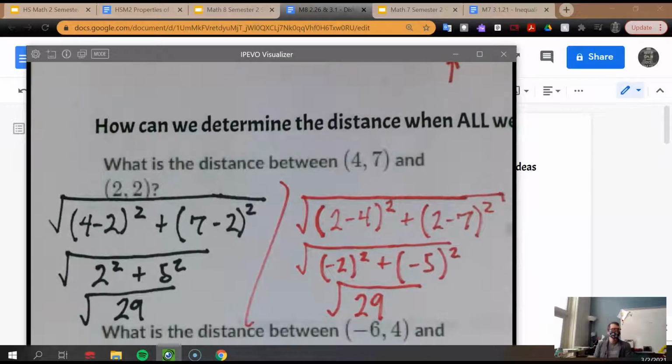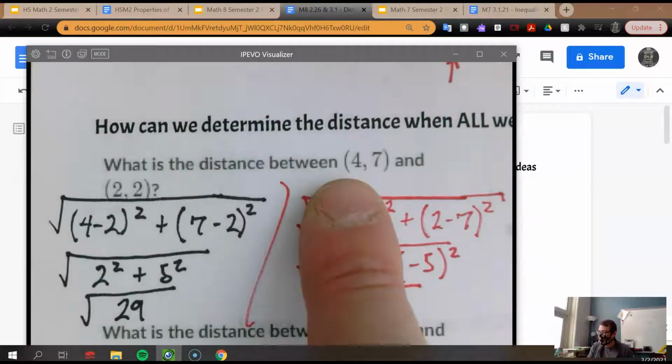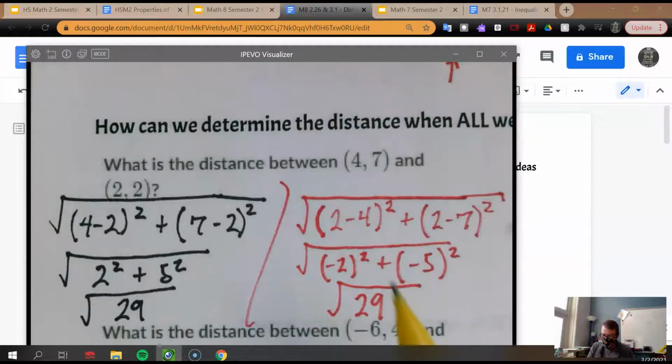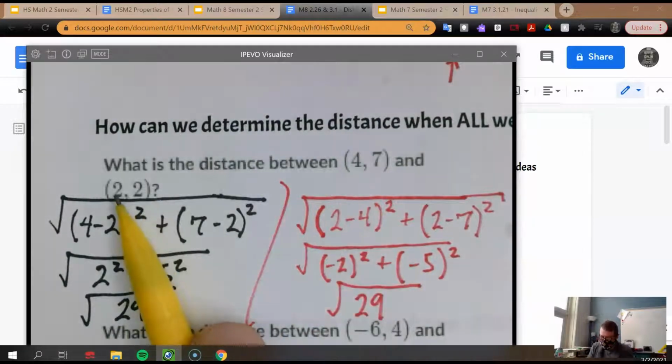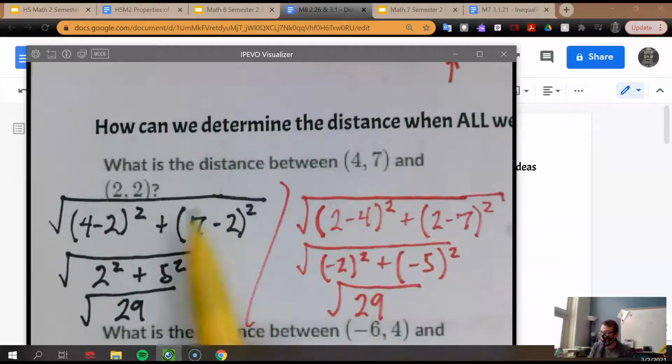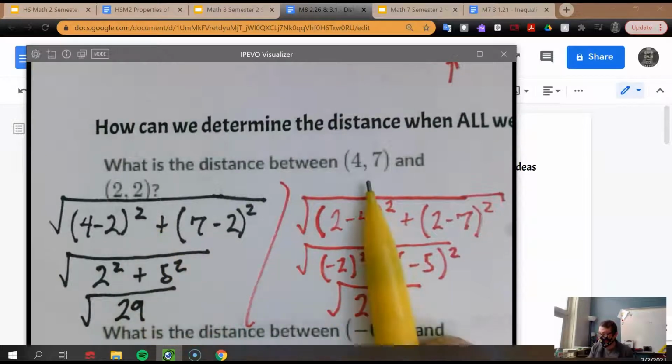So, guys, it doesn't matter which point you make point 1 and which point you make point 2. I'm going to say that again. It doesn't matter which point you make point 1 and which point you make point 2, as long as you keep it the same for both subtractions. If you do 4 minus 2, you got to do 7 minus 2, not 2 minus 7, right?